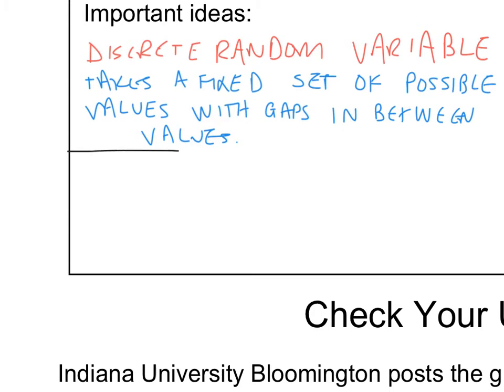The other alternative would be variables that are what we call continuous. Continuous variables have no gaps and they can take on any value in an interval. For example, the thing we're going to look at is potentially height. Height could be a continuous random variable because your height could be 63 inches or 64 inches or 63 and a half inches.